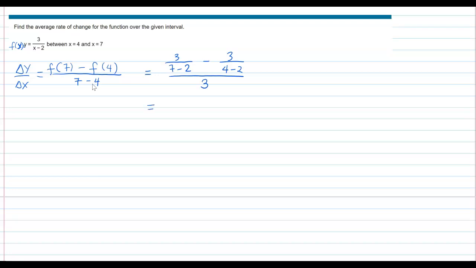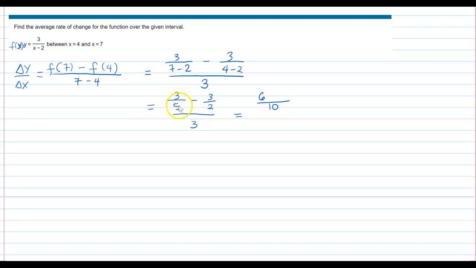Okay, and then you simplify. So this is 3 over 5 minus 3 over 2 all over 3. Now you combine these two. The LCD is 10. So you multiply both numerator and denominator by 2 to get 10.